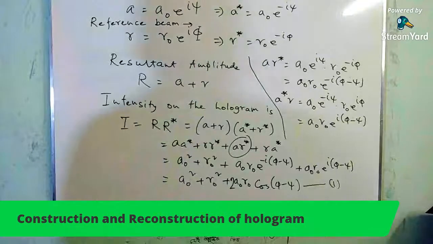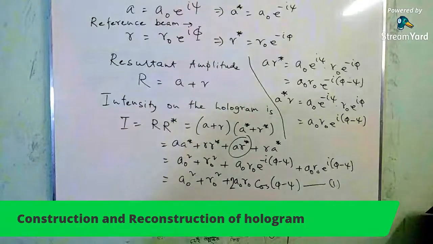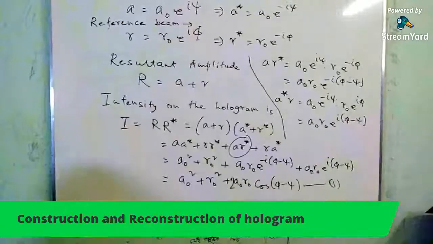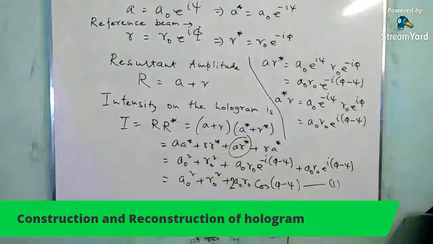So here we can find that the intensity on the hologram is A0 square plus R0 square plus twice A0 R0 cos phi minus psi, because e to the power i theta plus e to the power minus i theta gives us twice cos theta, as we know.